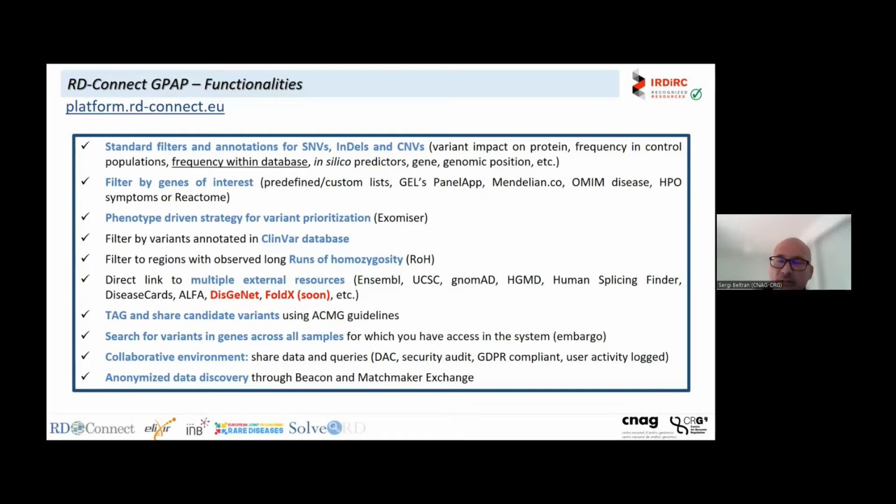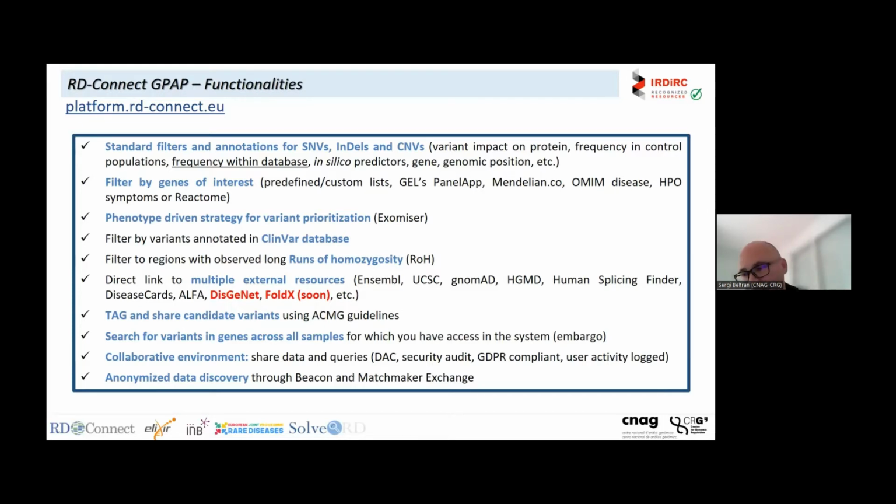Basically, you enter a term, a disease or a pathway, and then you get back all the genes which are related to this entity, facilitating the filtration of the data. The system also has Exomiser integrated for a phenotype-driven strategy. The variants can be filtered by the ClinVar database, which is the one that collects the information about the pathogenicity or observed pathogenicity of the variant.